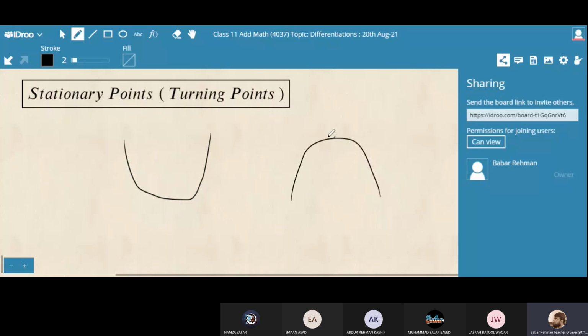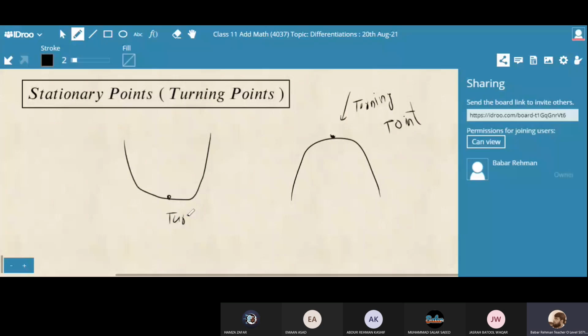Can anybody tell me where is the stationary point? Turning point, when graph turns. So this is called turning or stationary point. Similarly, over here, turning point.